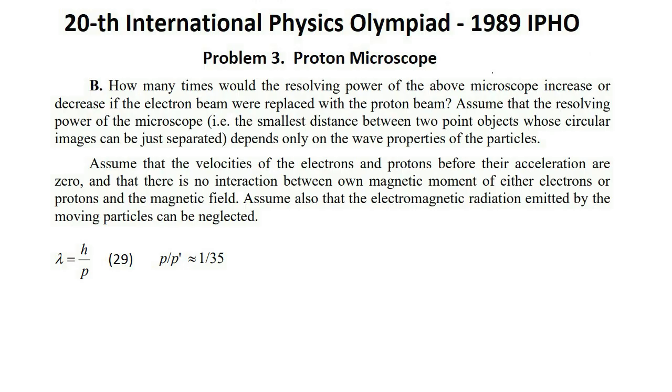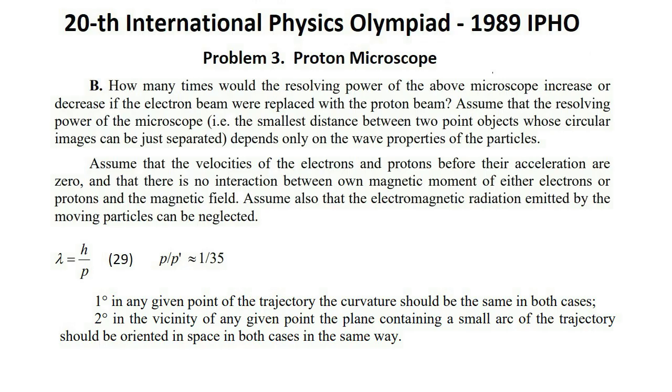The actual condition, that is the identity of E, B over p in both cases, can be obtained from the following two requirements. First, in any given point of the trajectory, the curvature should be the same in both cases. Second, in the vicinity of any given point, the plane containing a small arc of the trajectory should be oriented in space in both cases in the same way.